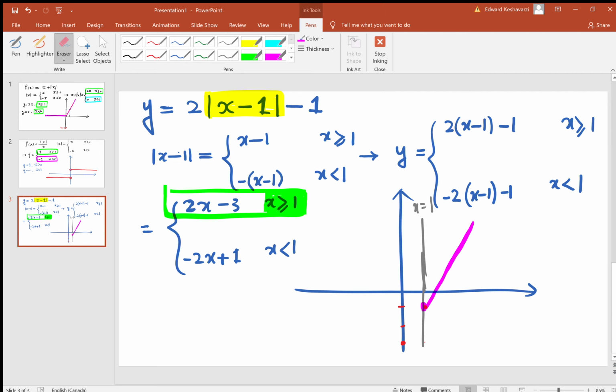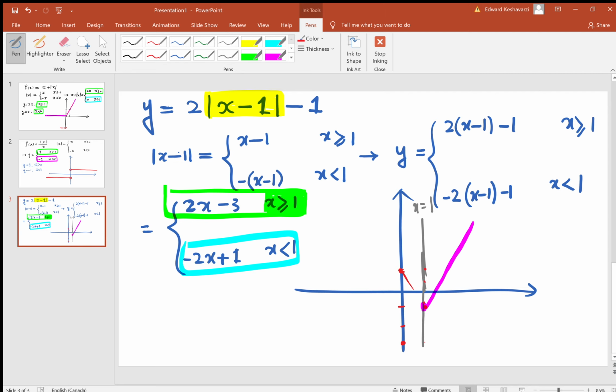Okay, now we'll draw the second row, which is negative 2x plus 1, with the y-intercept of 1 and slope of negative 2, which means 1 right, 2 down.